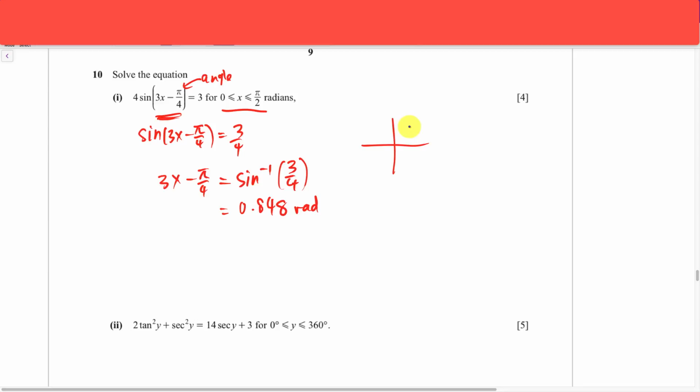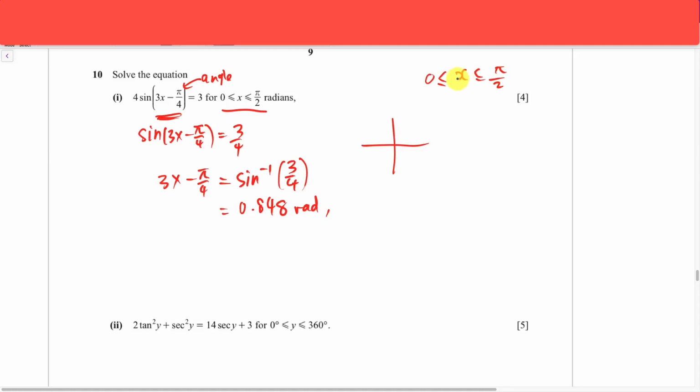So because of 3x, I'll teach you some way to find how many angles you need, because some students struggle with that. Because your angle now changes into 3x minus pi over 4, that means the whole range here will change. So what I will do is like this.